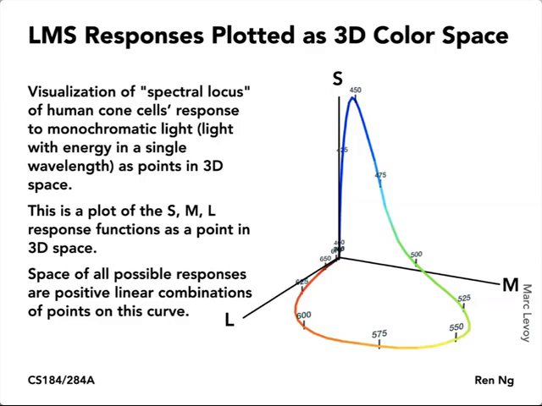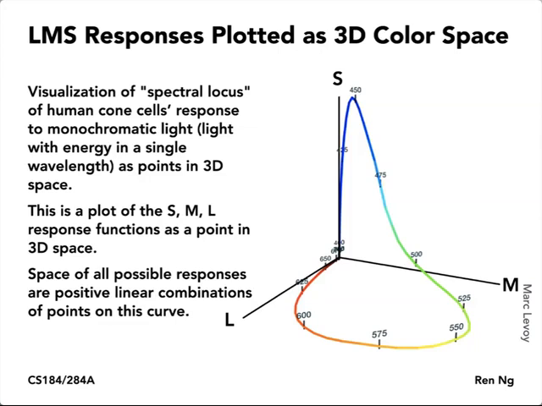That would be like saying, for each wavelength, what's its response? It's going to be a combination of the power at that wavelength multiplied by the exact 3D location along the spectral locus curve for that wavelength. And so it's going to be a weighted linear combination of the points on this curve.